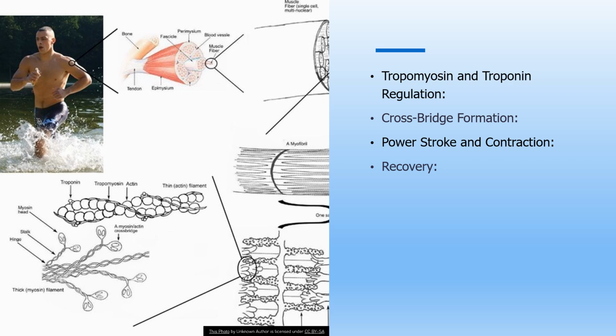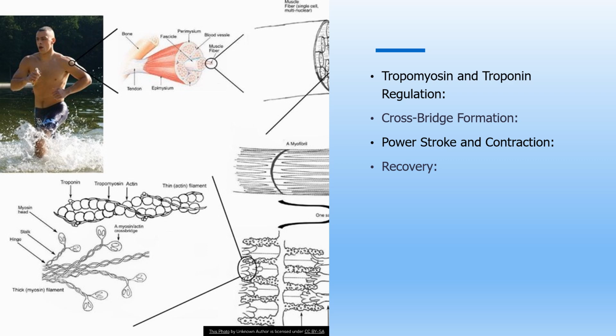Muscle contraction is a fundamental process in the muscular system involving the generation of force by muscle fibers. Skeletal muscles, responsible for voluntary movements, undergo contraction through a series of intricate steps. The process begins with the activation of the neuromuscular junction, where nerve impulses trigger the release of acetylcholine.